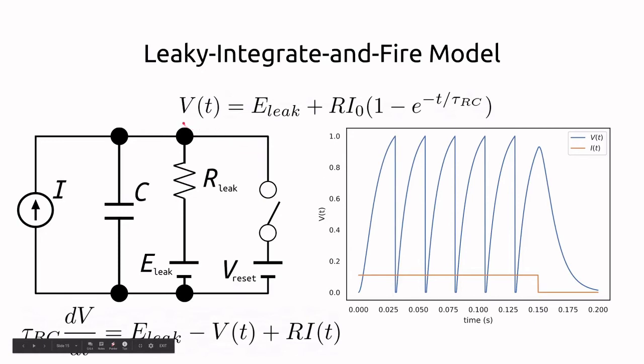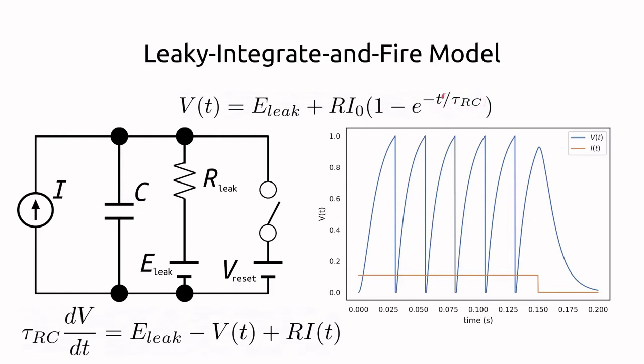get this equation that describes the change of voltage: it is equal to the leak potential, plus the resistance of the leak channel times whatever that fixed input current, I naught, is, times this term here, which is 1 minus e to the minus t over tau RC.